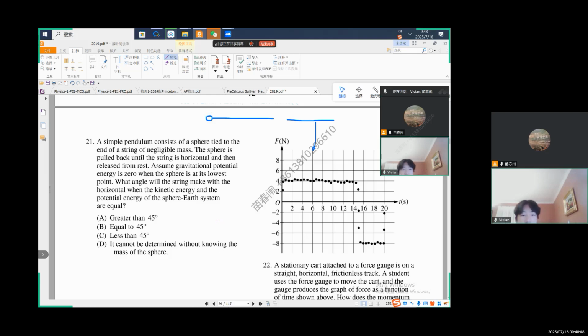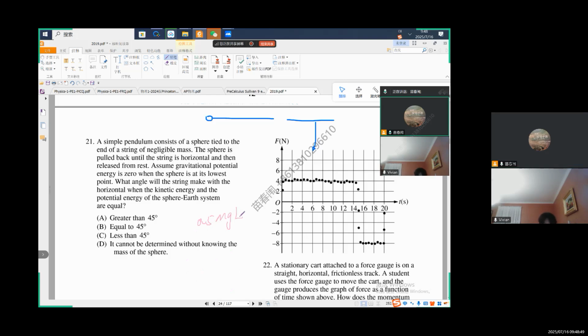Potential energy before is mgh, right? mgL for this one. And then the other one is 1/2 mv squared. If they're equal, this must be 0.5 mgL.